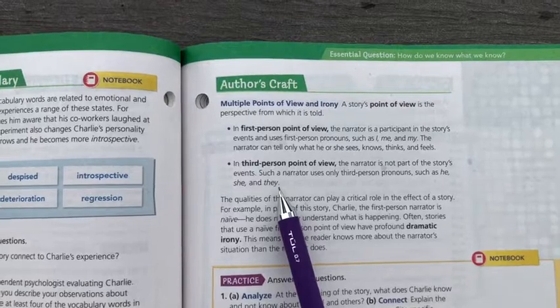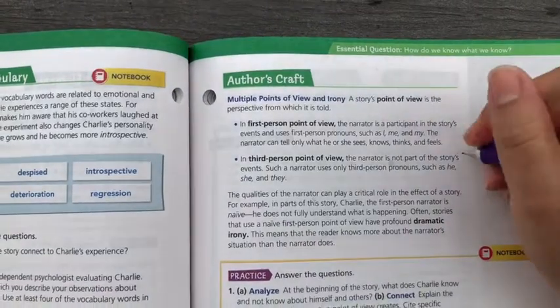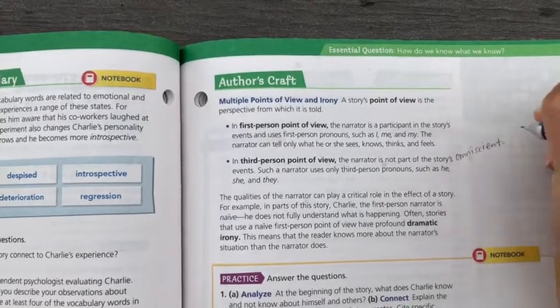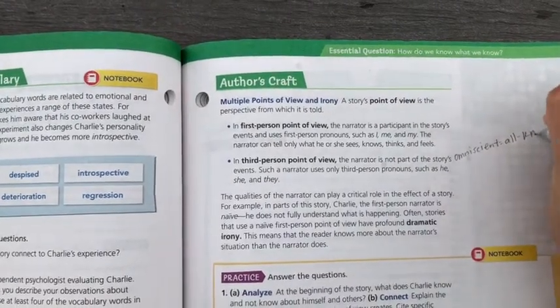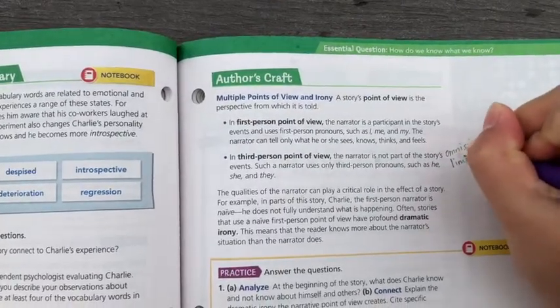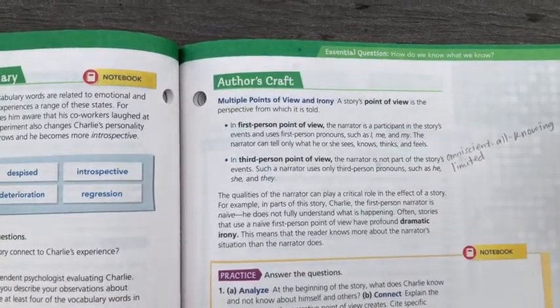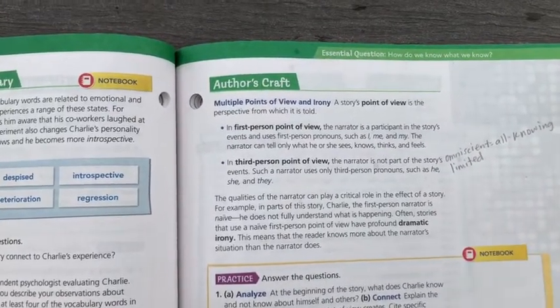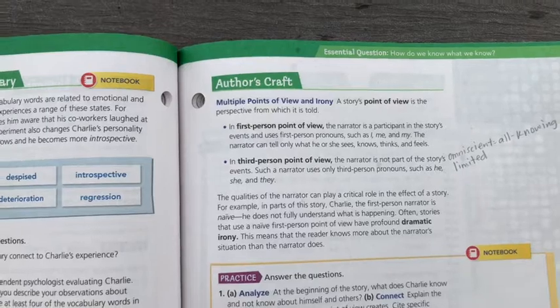Of course, we may have omniscient, all-knowing third person narrators, or we may have limited third-person narrators where they only know how certain characters are thinking or feeling.